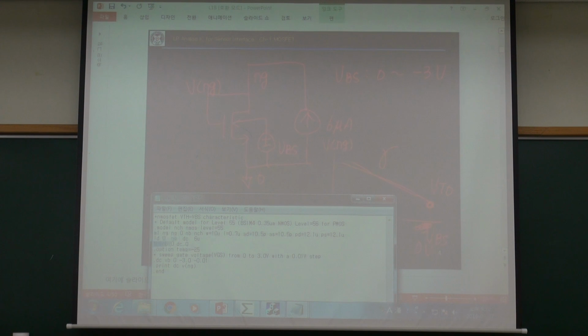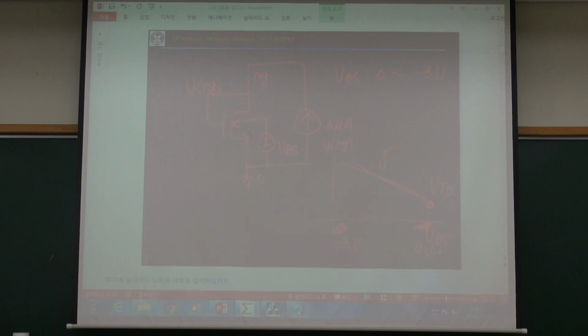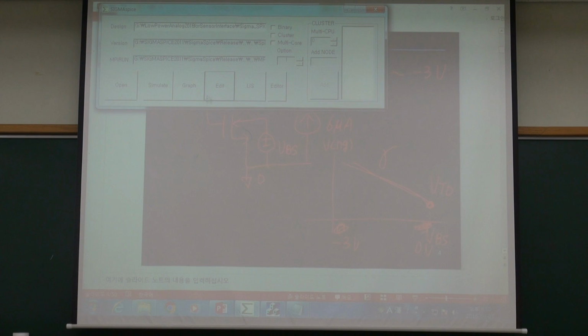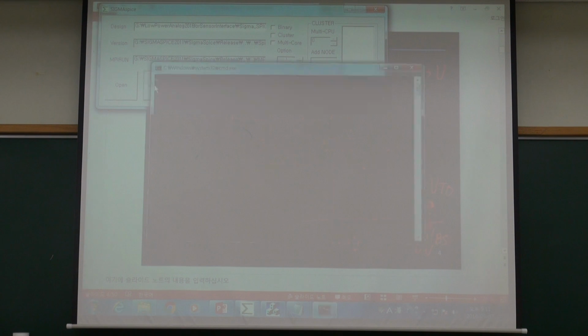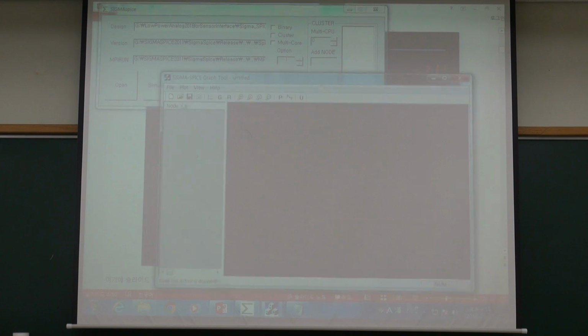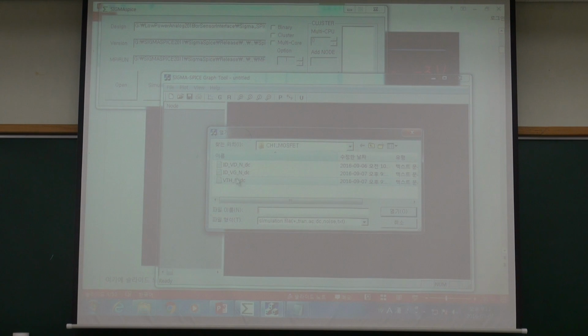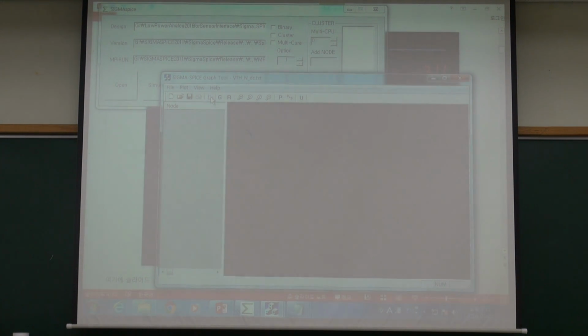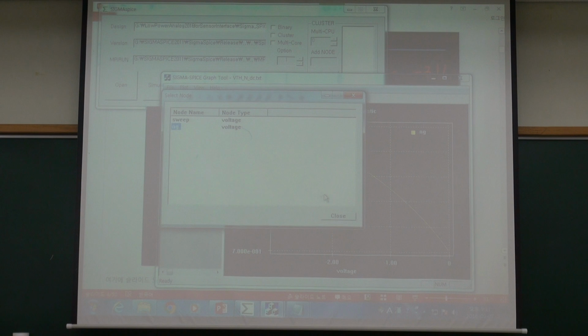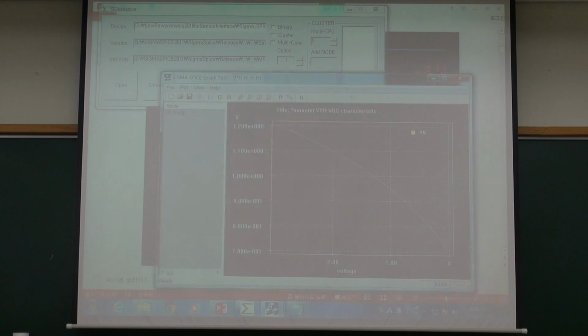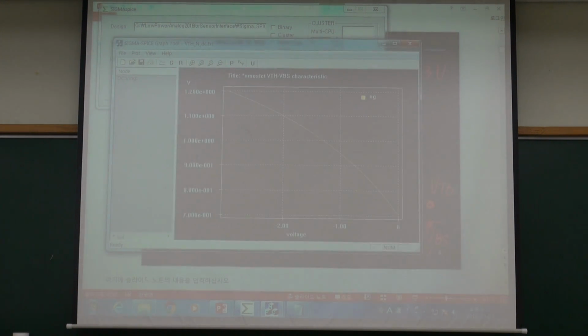So VB of MB equals 0, I sweep this voltage from 0 to -3. Okay, I print out this gate voltage. Okay, so simulate and then find this one, calculate node NG voltage.